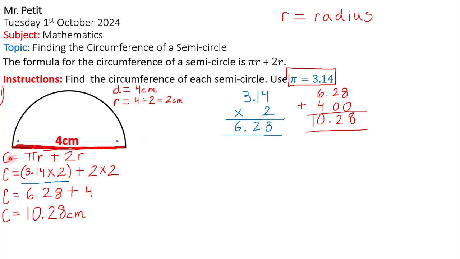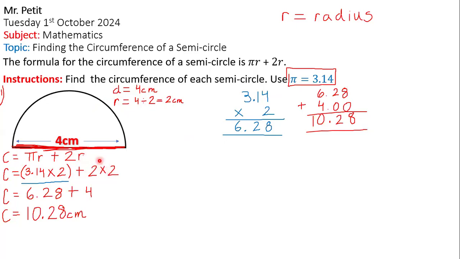So C is equal to, this is the formula for the circumference of a semicircle. C is equal to pi r plus 2r, where r is the radius of the circle. We know that the diameter is 4 centimeters, and the radius is half of the diameter. So the radius is 4 divided by 2, which is 2. And so we say pi, which is 3.14, multiplied by r, which is 2, plus 2 times r.